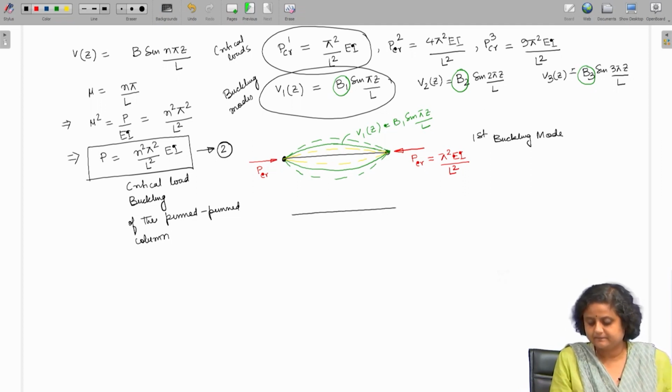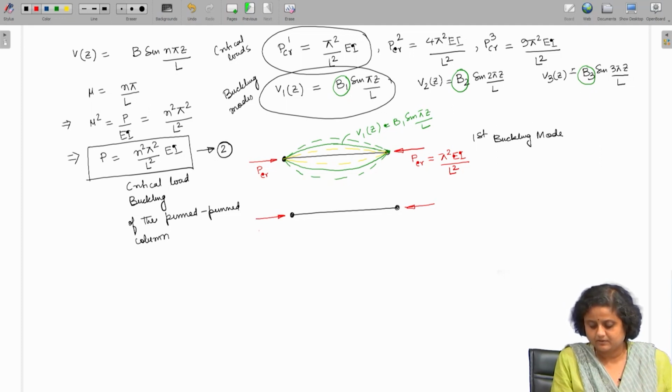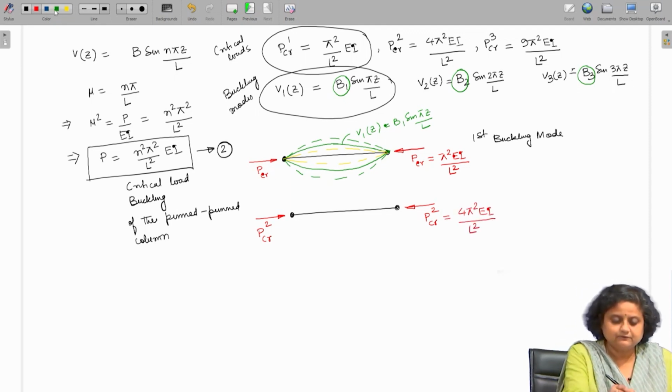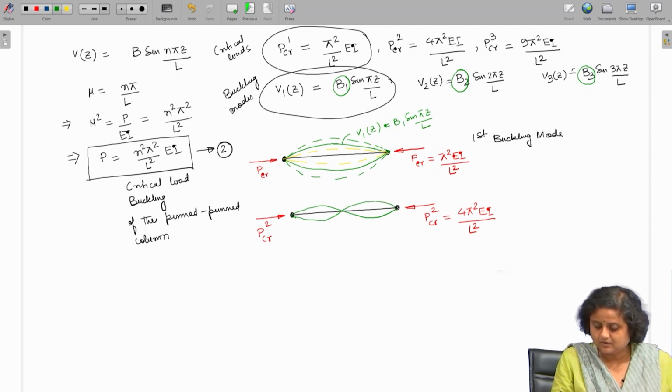Now, next, if I apply the second critical buckling load, which is equal to 4 pi square E I by L square, then the acceptable deformed shape is going to be like this, or like this, or like this.